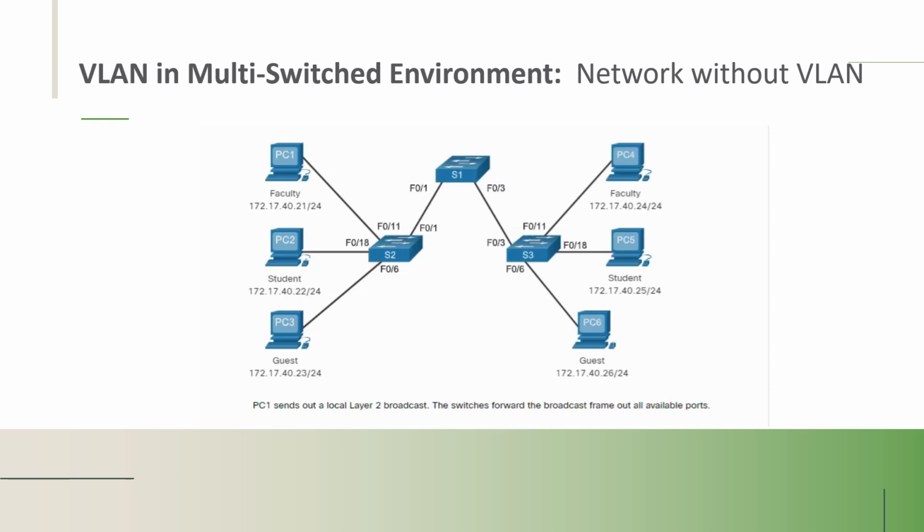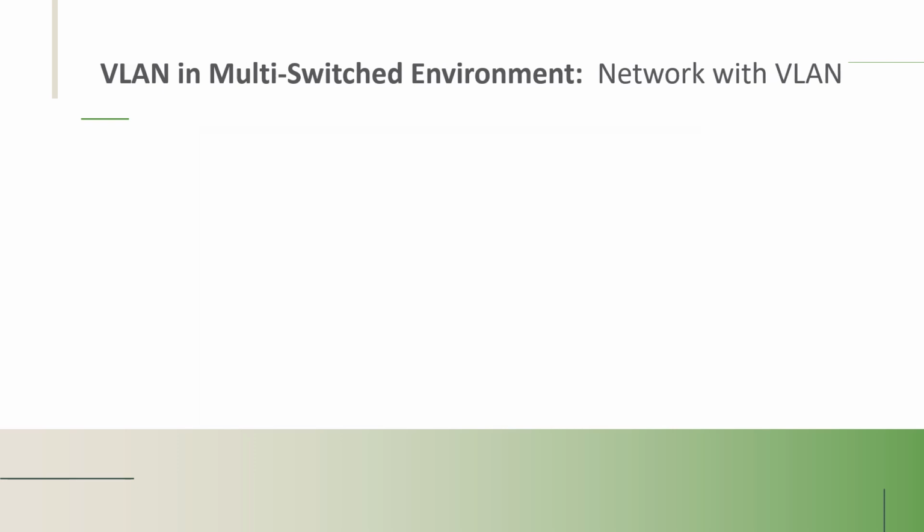VLANs are associated with and configured on individual switch ports. Devices attached to those ports have no concept of VLANs. However, these devices are configured with IP addressing and are members of a specific IP network.